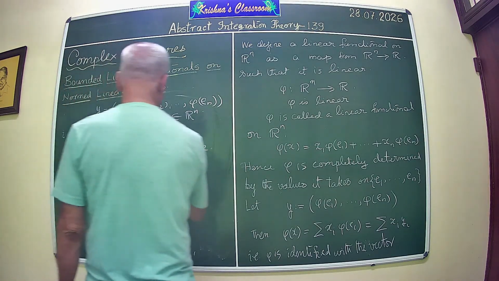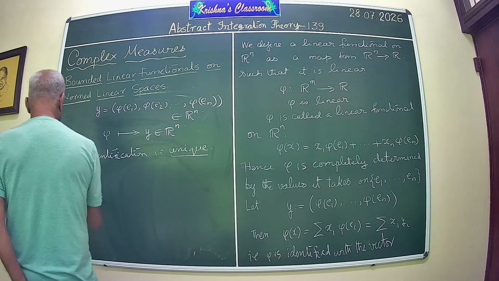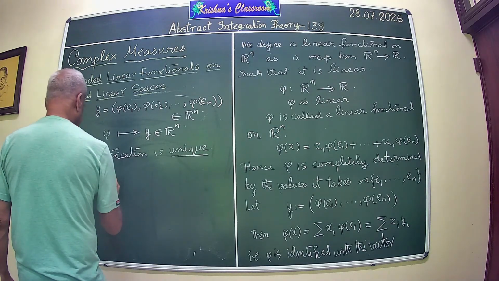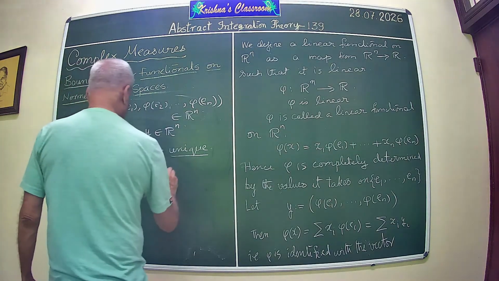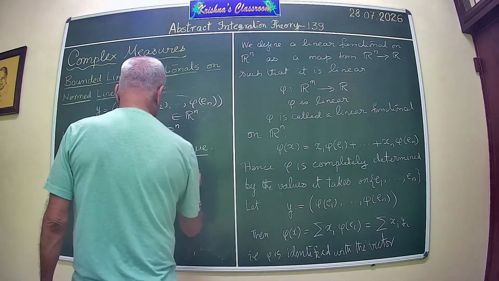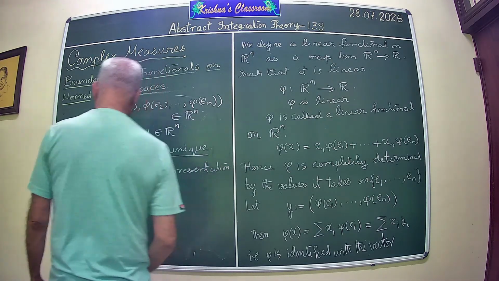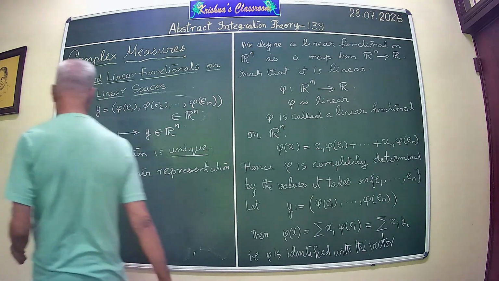How do you prove that? Suppose there is y tilde, another vector representing phi.